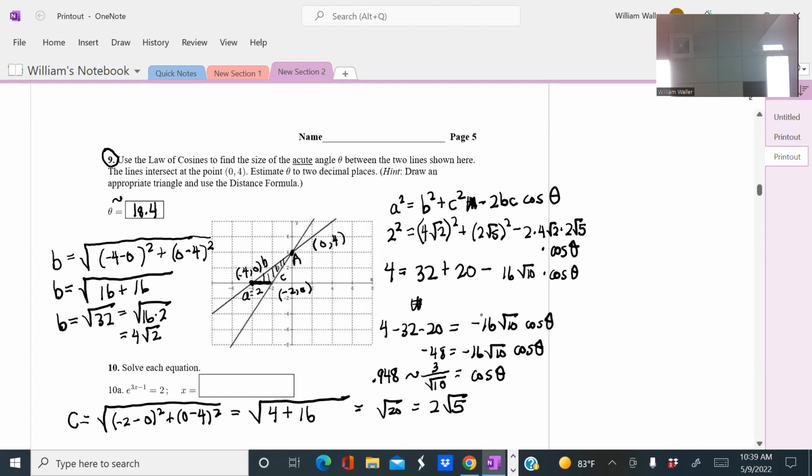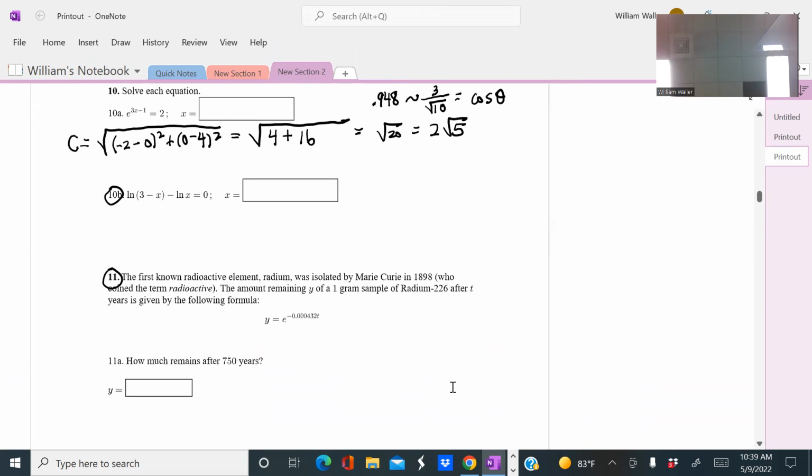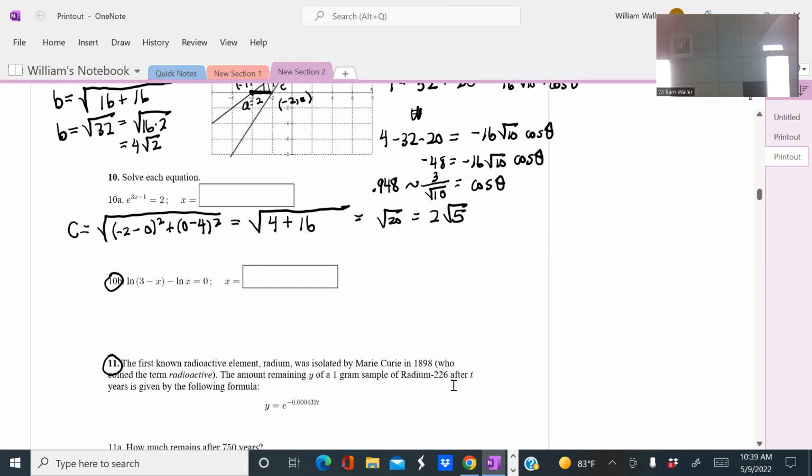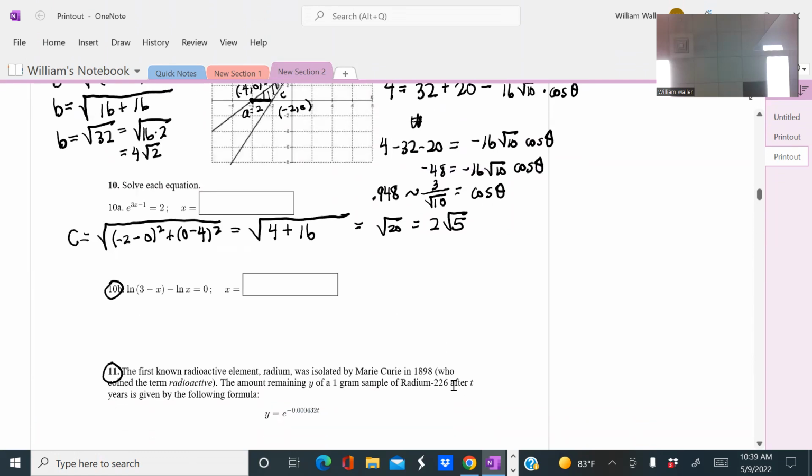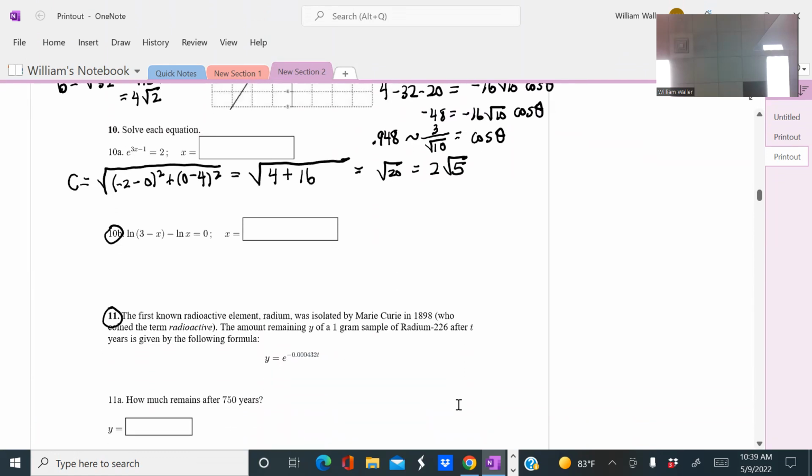I did it as much by hand as possible, but you don't have to. You can start making decimal approximations sooner than what I did. That's probably the lengthiest problem on the review, but it's just a law of cosines problem.